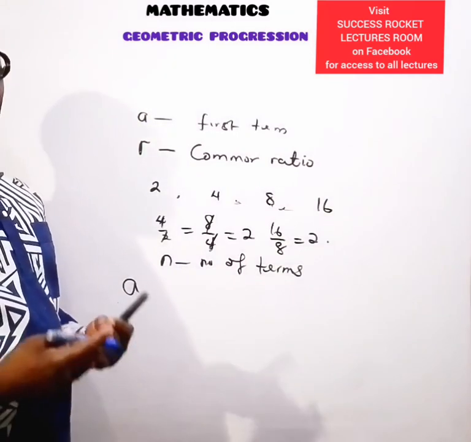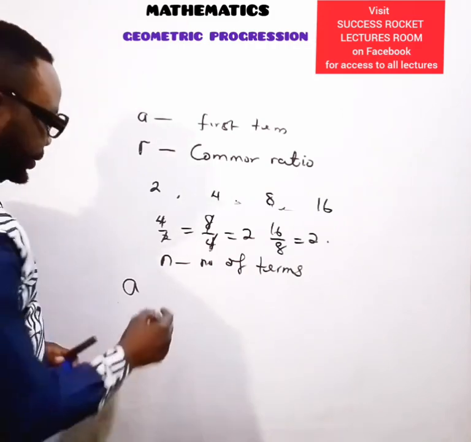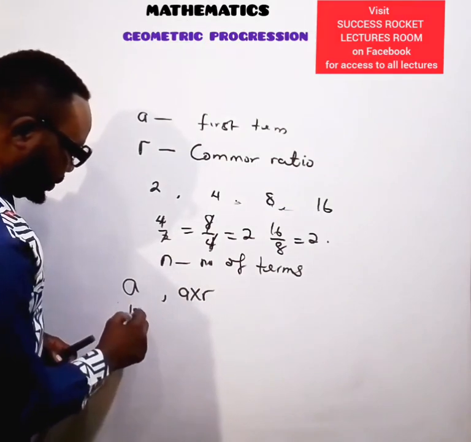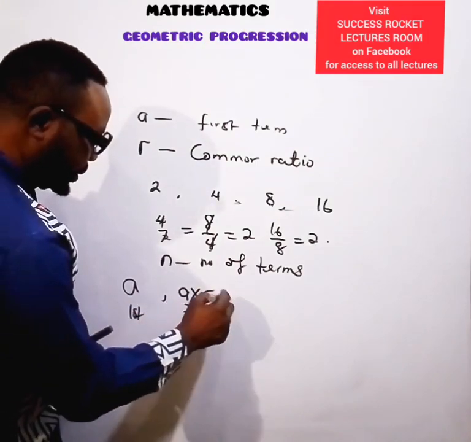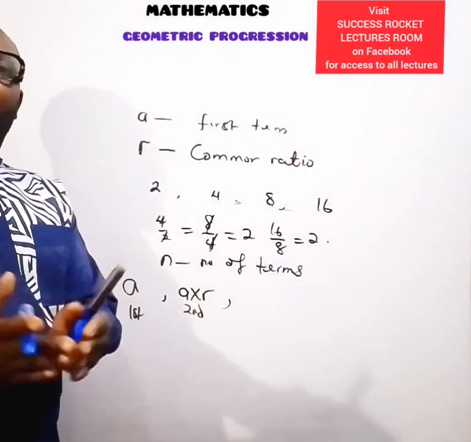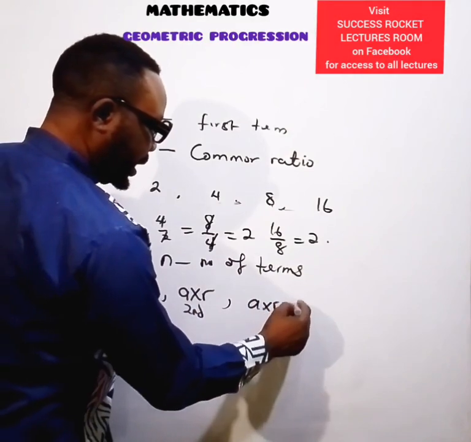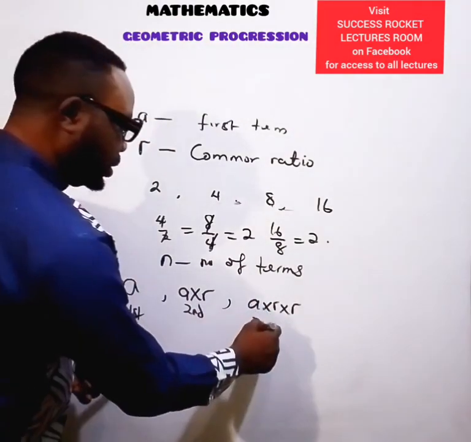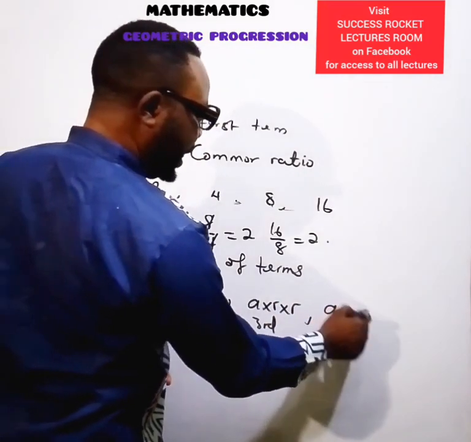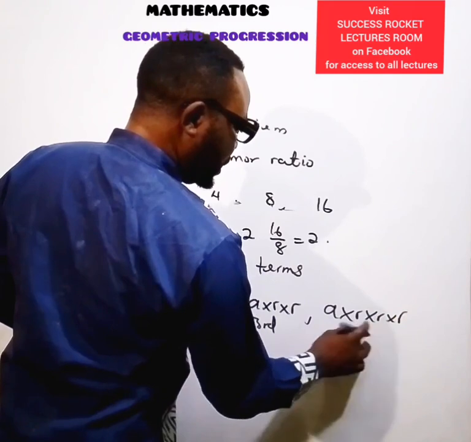The second term will be A multiplied by the common ratio, A times R. The third term will be A multiplied by R two times, A times R times R. The fourth term will be A multiplied by R times R times R.